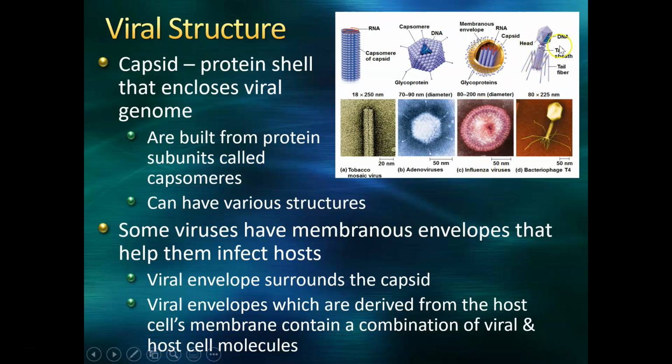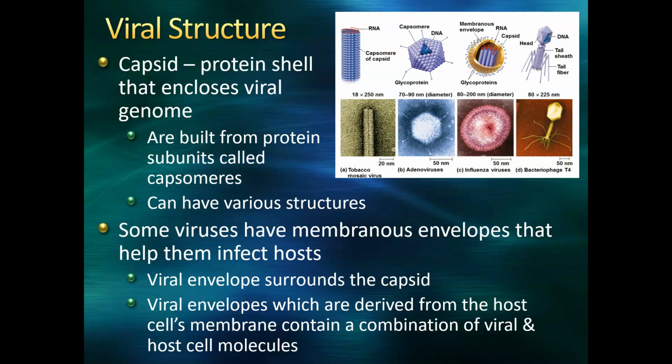These guys are probably what we study the most and understand the most at this point, and those are your bacteriophages, because they're viruses that actually go after bacteria, which makes it much more convenient to study, because we can grow a bunch of bacteria in a petri dish and study the virus effects on those cells. We also don't have to worry about them infecting us as humans, which is helpful.